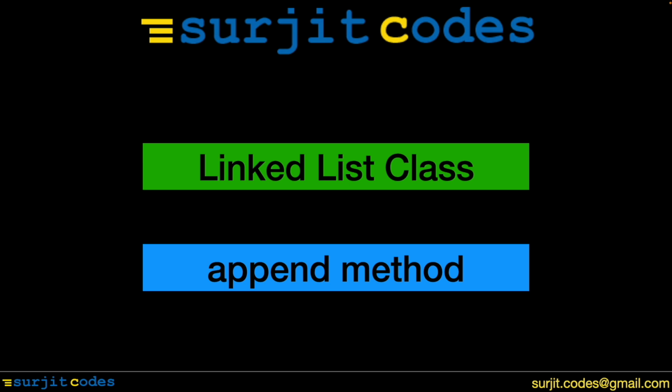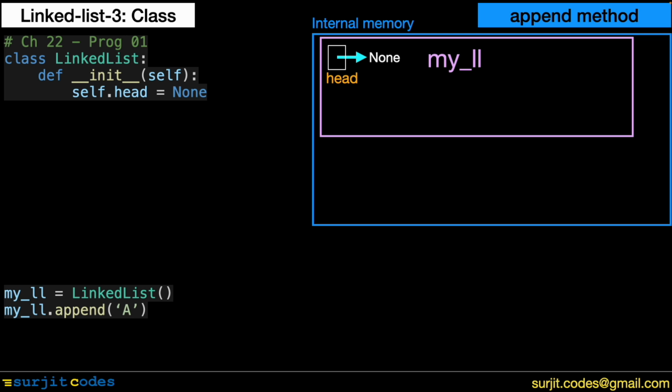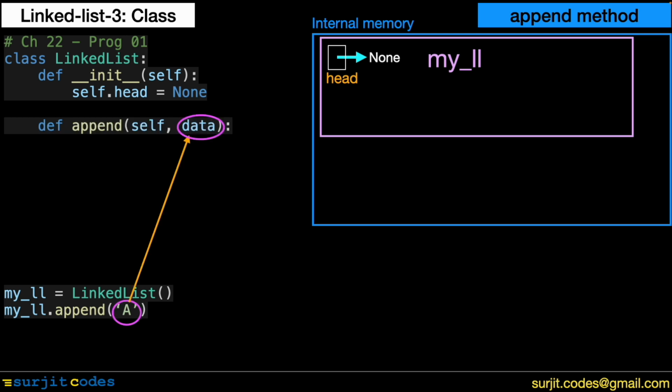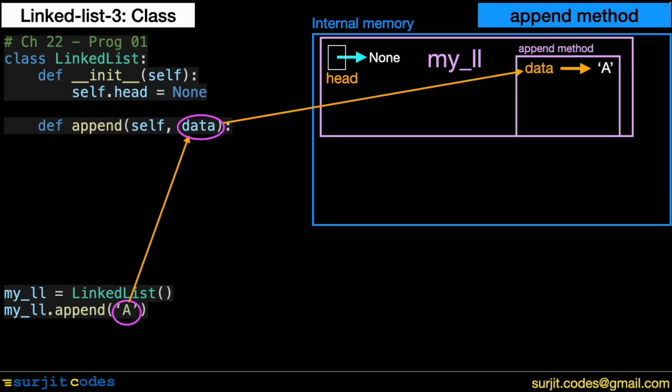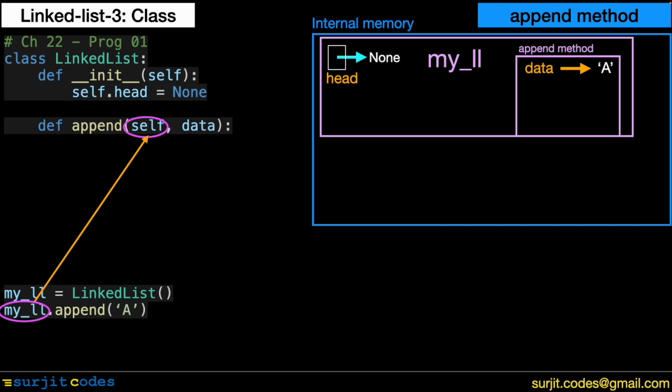We use the append method to add nodes to a linked list. It finds the end of the linked list and adds a new node to it. We pass its parameter and save it as the local variable data of the append method. As the object myll is calling the append method, self inside the class means the object myll.